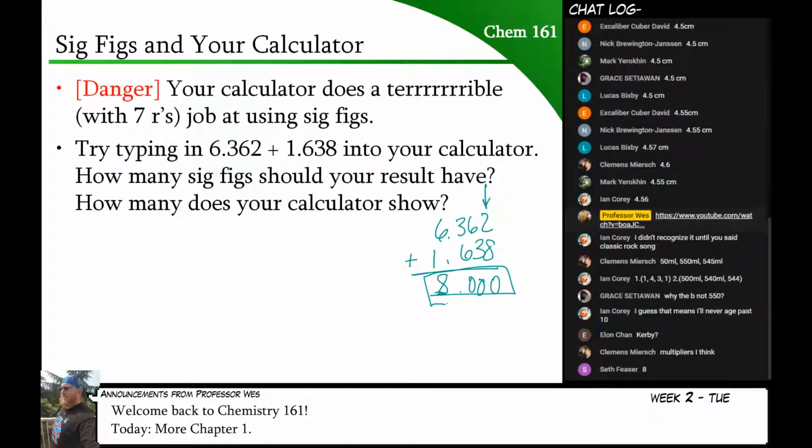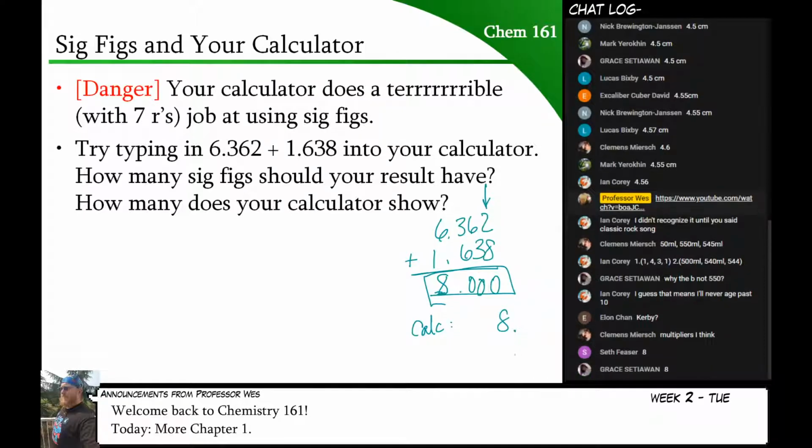You get some number, but it has way fewer sig figs. Yeah, it's 8, right? So this is what your calculator says. The calculator answer is just 8. And it actually may have a dot after it. It doesn't really matter. What your calculator is doing is any zeros that are at the end of your answer, it just deletes. It thinks that they aren't relevant because you don't need them. They don't have a value associated with them.